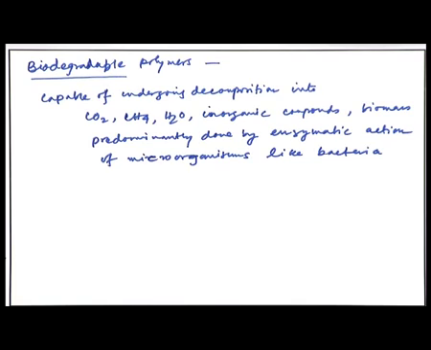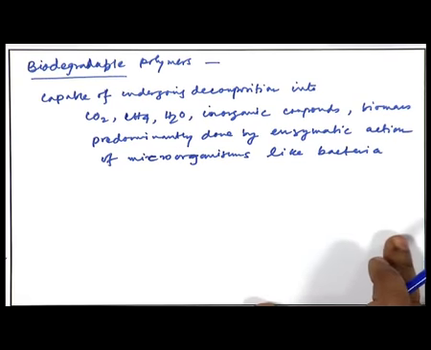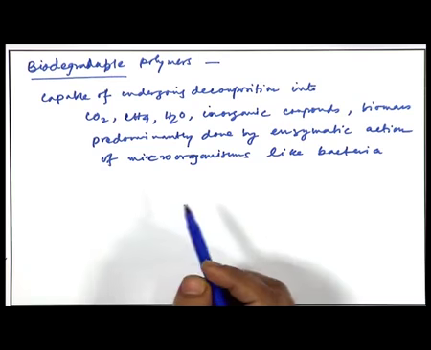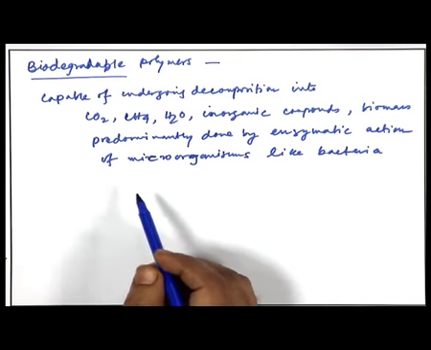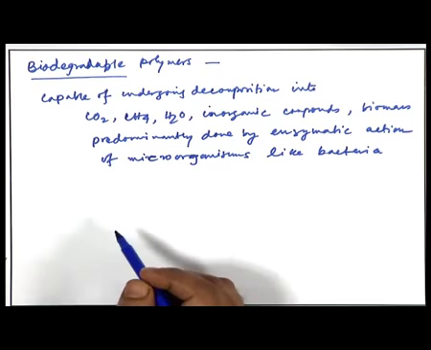Carbon dioxide and water are produced when you do this decomposition in presence of air, and methane is produced when you do it in an anaerobic condition, or in absence of air.